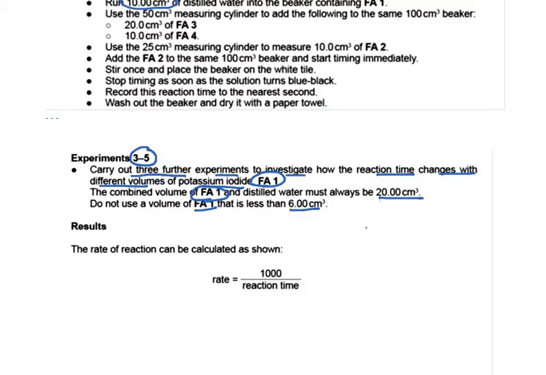So the highest volume we can take is 20 centimeter cube, which we have taken in experiment 1. In experiment 2 we had taken 10 centimeter cube of Fa1, and since we are not supposed to go below 6 centimeter cube, I prefer to choose the other experiments between these two so that the rate is measurable, that is, the time taken to complete the reaction to a pure blue-black color is measurable.